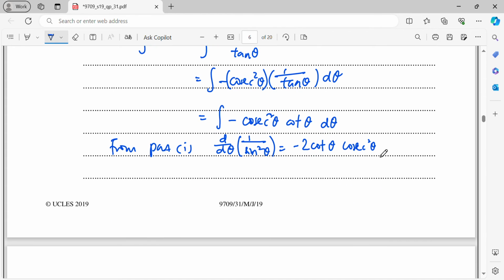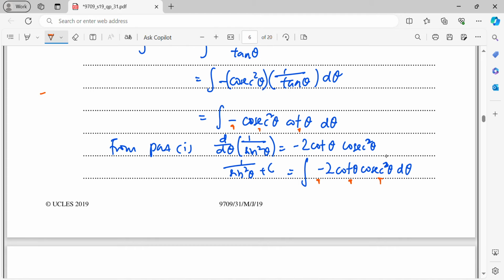We know that integration is the reverse process of differentiation. That means when I integrate the right side with respect to theta, the answer is going to be the left hand side, which is 1 over sine squared theta plus c. But in this question it is negative cosec squared cot, so the 2 is extra.